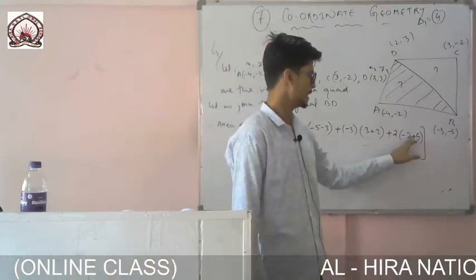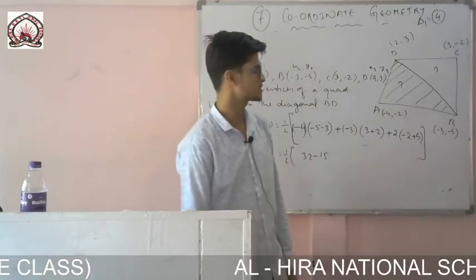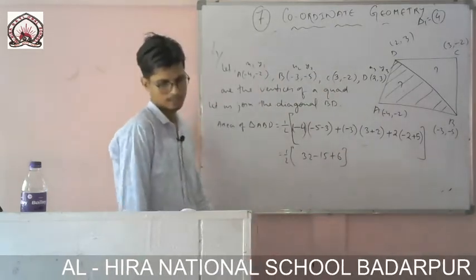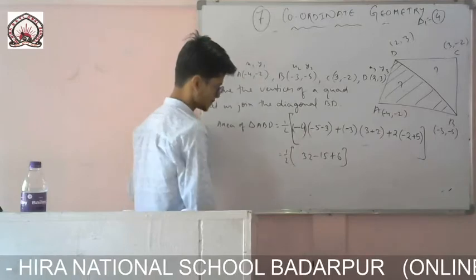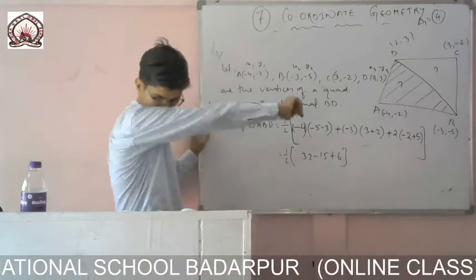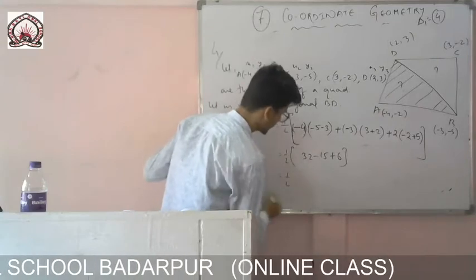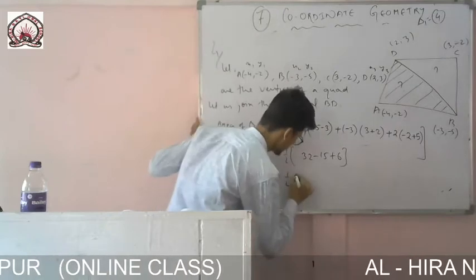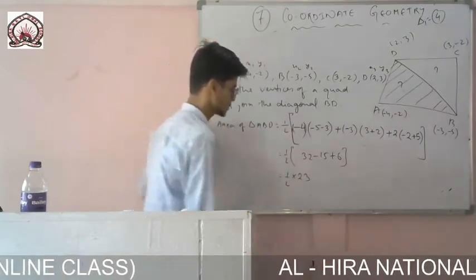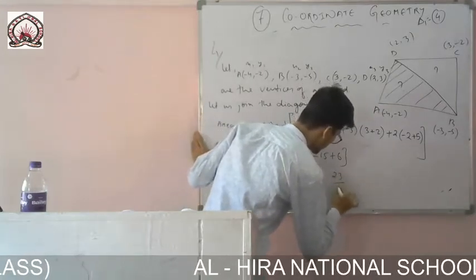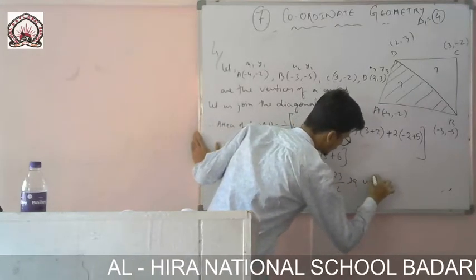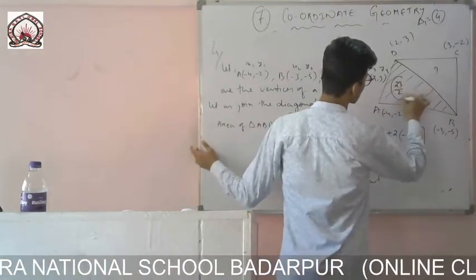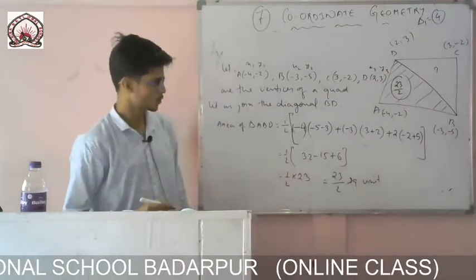Here, 5 minus 2 is 3, and 3 twos are 6. Now I will add these: 38, and 38 minus 15 is 23. So half into 23 means 23 by 2 square unit. So for the first one it came 23 by 2 square unit.